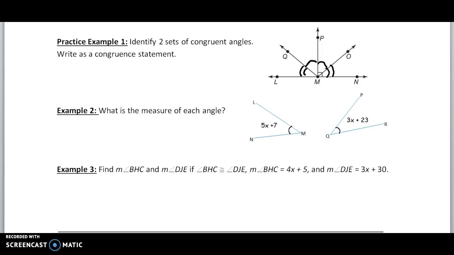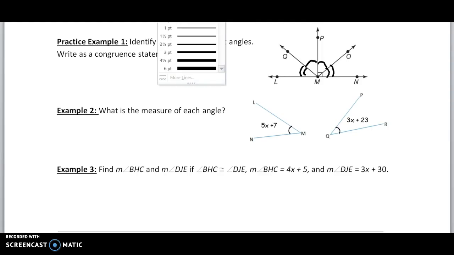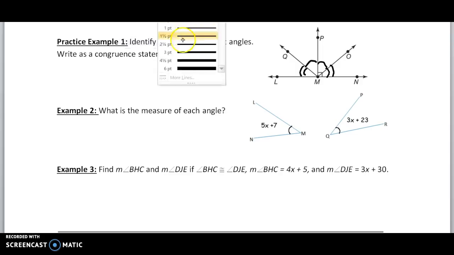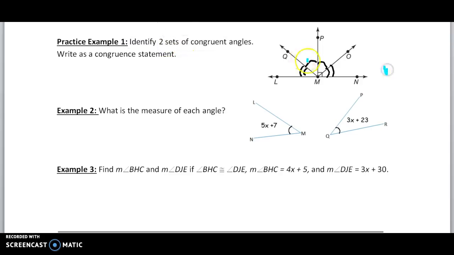Okay, so for example 1, I want to identify 2 sets of congruent angles. For this, you are looking for the number of arcs. Okay, so I notice here that I see 1 arc here, 1 arc here.